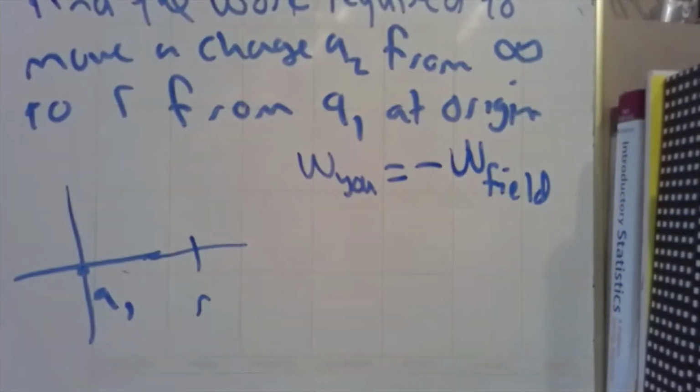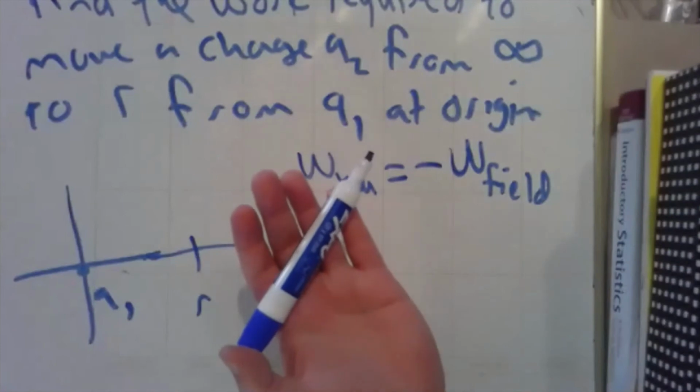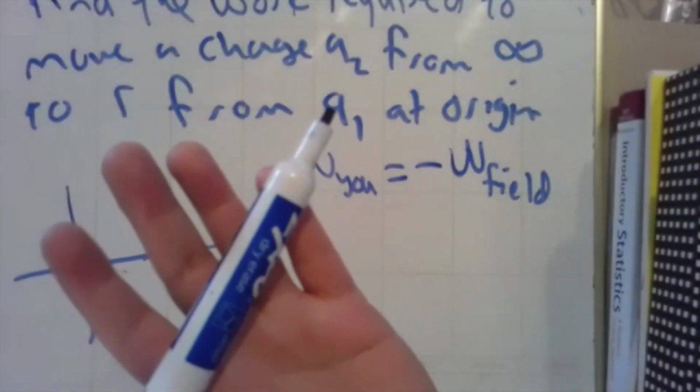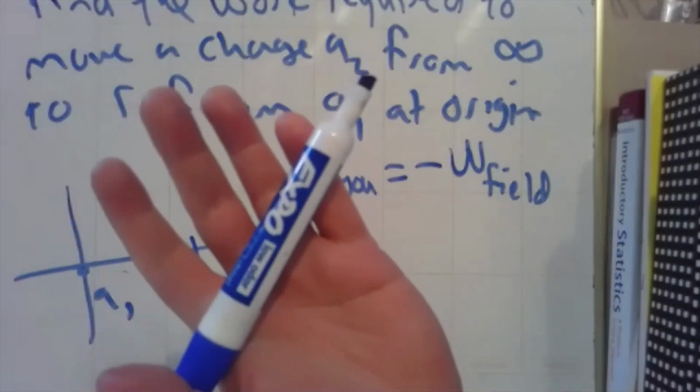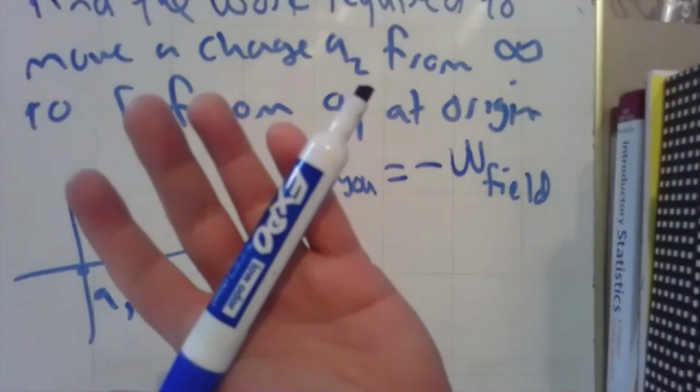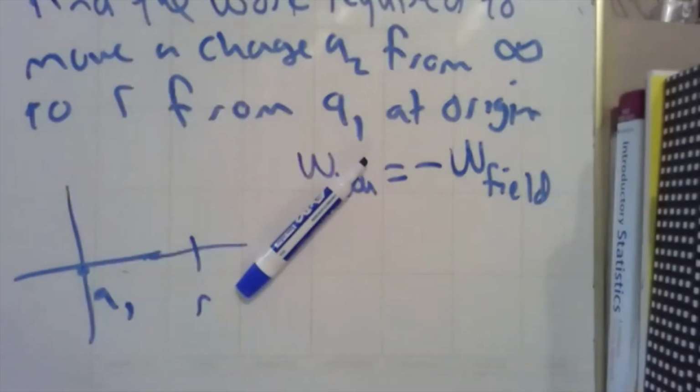If I'm doing work and it's costing me energy, then I'm putting extra energy into the electric field. It's bound up electrical potential energy. Just like right here, if I were to lift this thing up, I'm doing work to do this. Where did that energy go? I increased the gravitational potential energy.